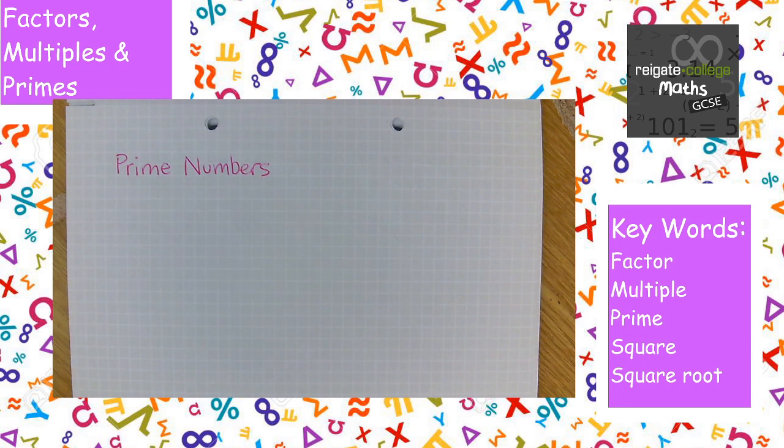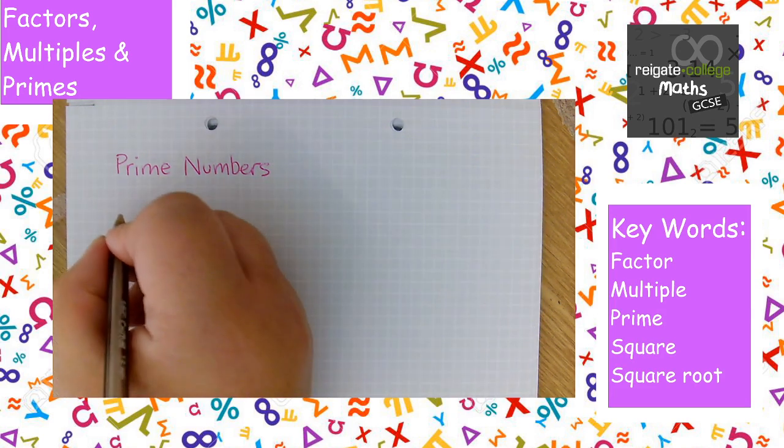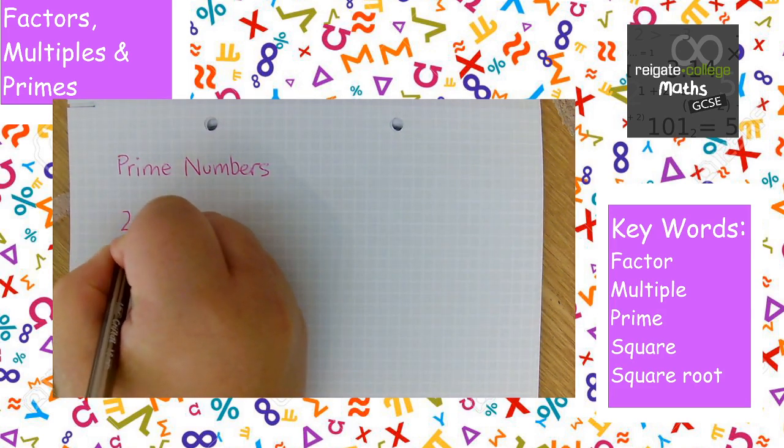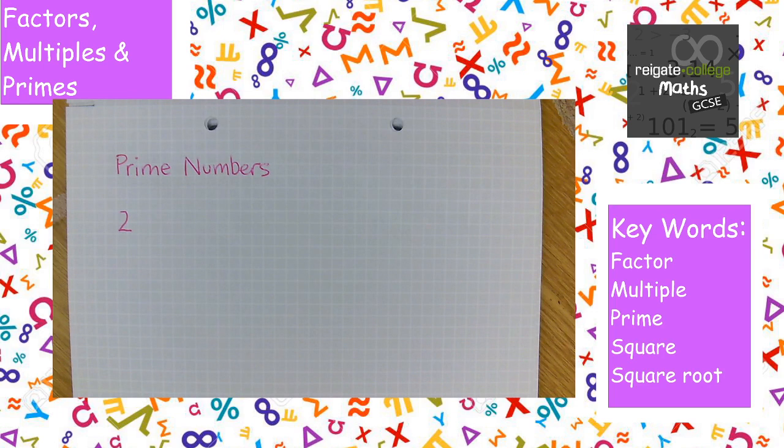If you can't remember that rule, it's probably best to try and memorise at least the first 10 prime numbers. They start with 2. 2 is the only even prime number, because after that all even numbers will be divisible by 2. Therefore they will have 2 as a factor.